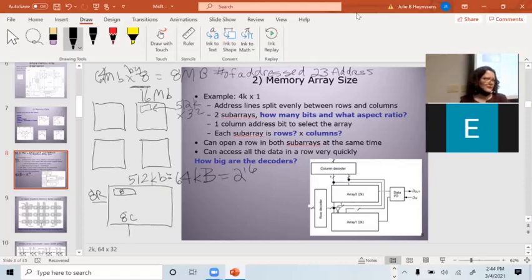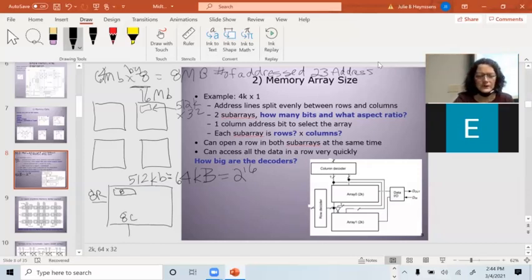So it's really more of a divided by 8 if you're trying to think of this mathematically. So as a total, I've got 8 megabytes that are addressable, and that is going to give me 23 address lines.